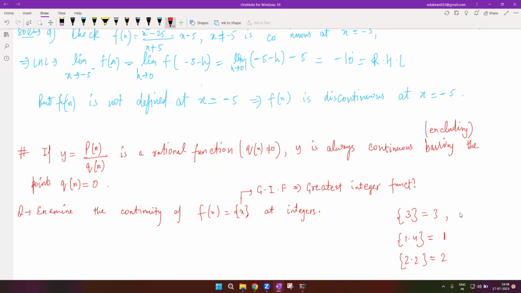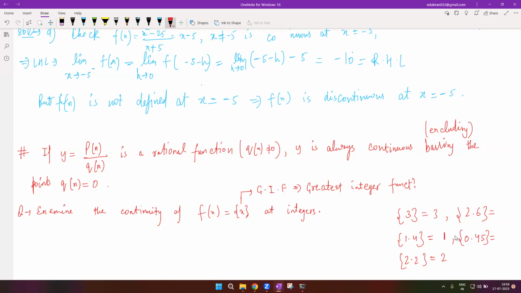So can you tell me the GIF of 2.6? Madhya, can you tell me what is the answer of GIF of 2.6? Three. Why 3? Is 3 smaller than 2.6? 3 is bigger than 2.6, no?